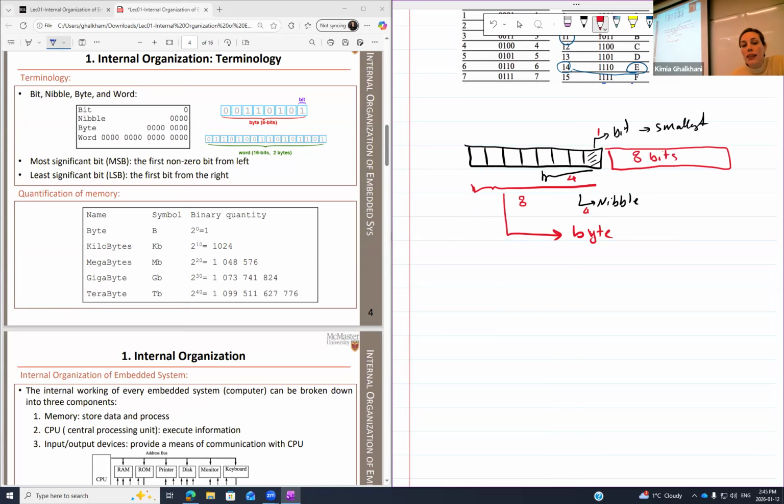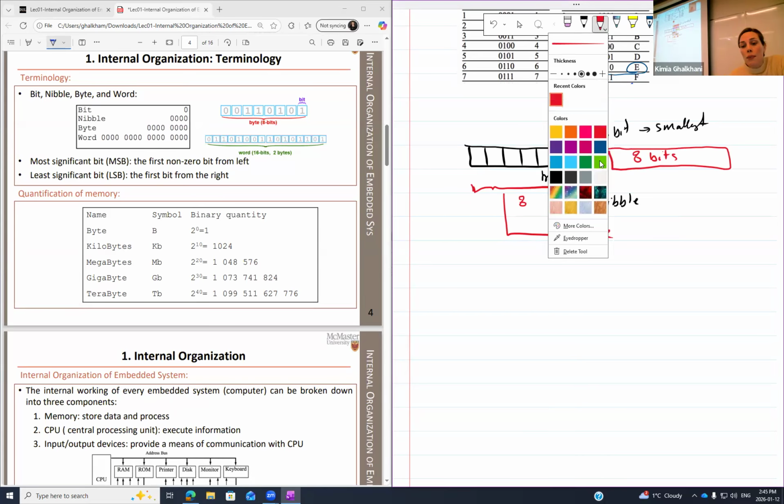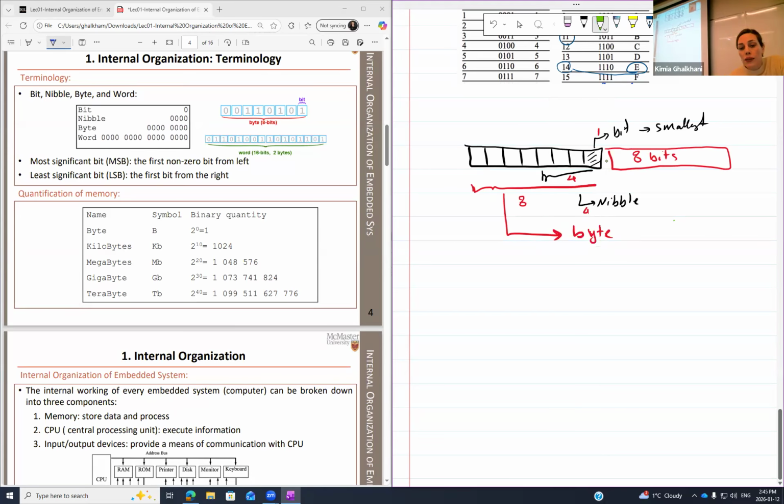And in that condition, how many do I have? 16 bits. If I'm having 16 bits, what do I call it? I call it a word. And now this is the largest.